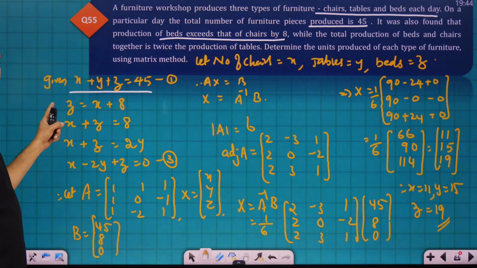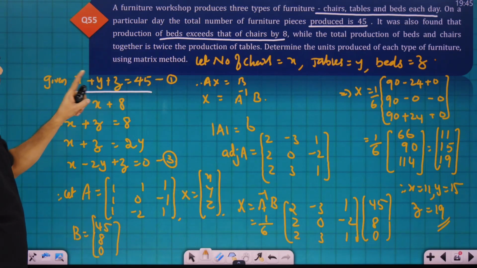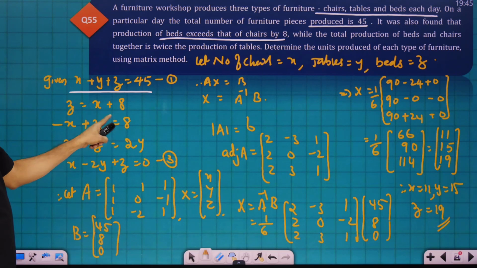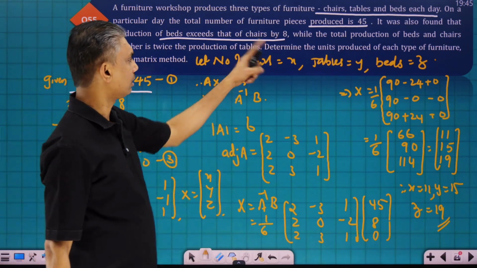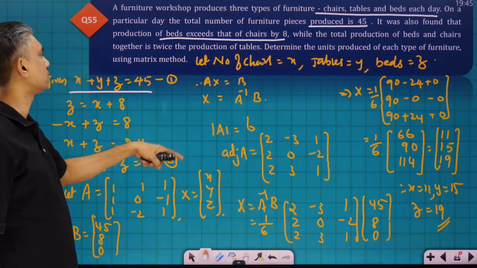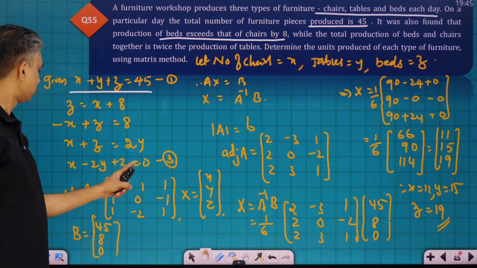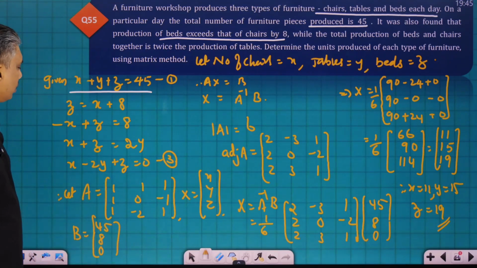Production of bed, that means Z, exceeds the number of chairs by 8, so minus X plus Z is equal to 8. The total production of bed and chairs together is twice the production of table, so X plus Z is equal to 2Y, that is X minus 2Y plus Z is equal to 0.